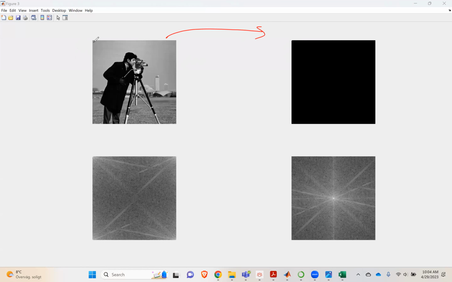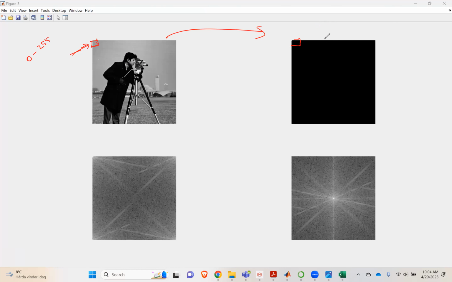In the original you have only real numbers, and here you get complex numbers. In the real image the values are between 0 and 255, but in the Fourier domain you get complex numbers, something like a plus ib.